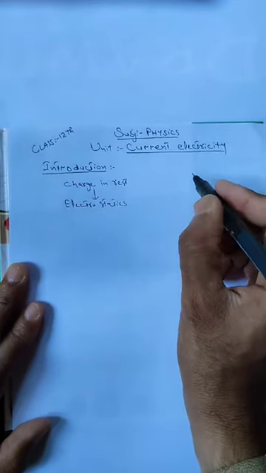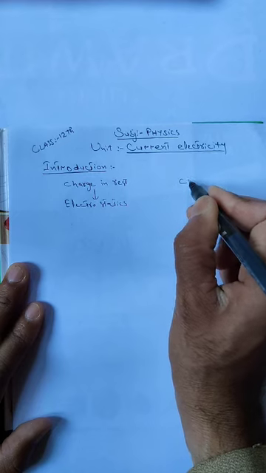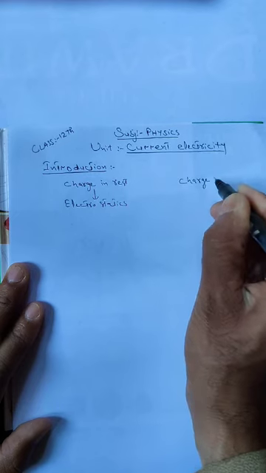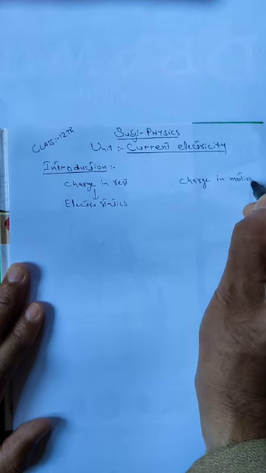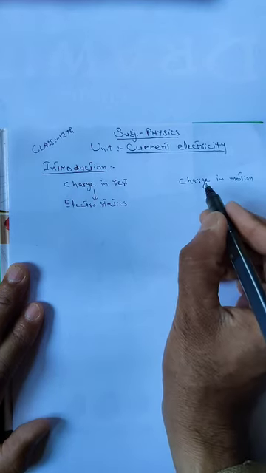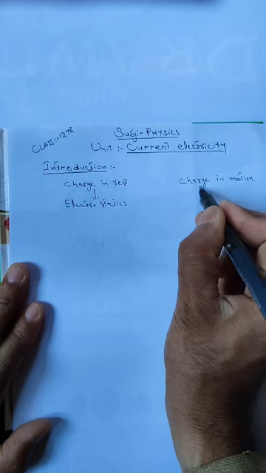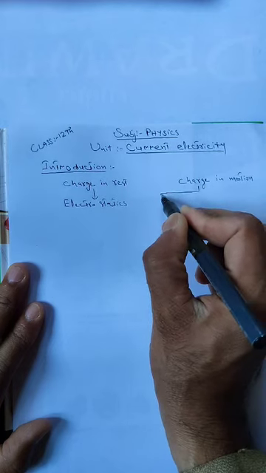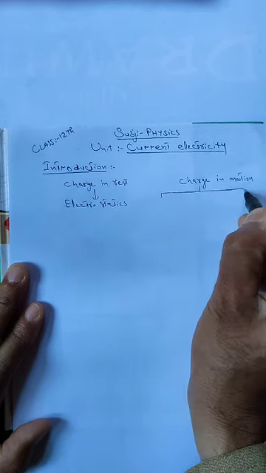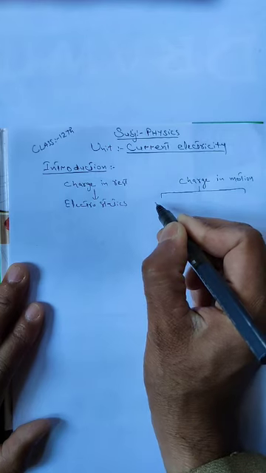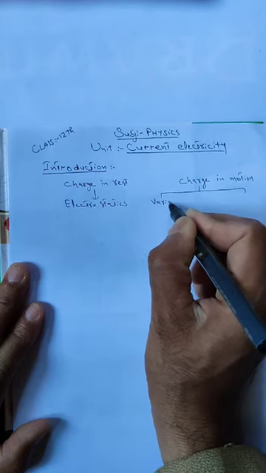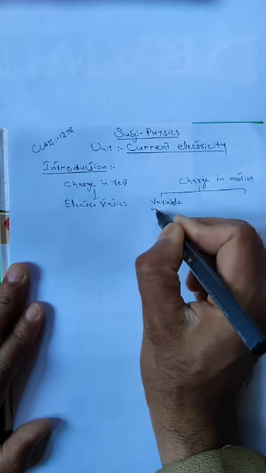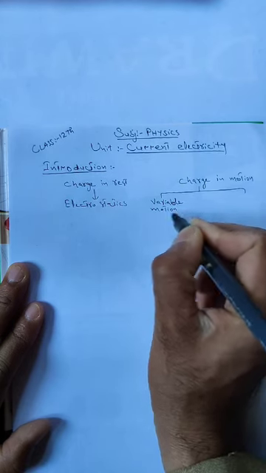But when charge is in motion, for it we have two aspects over here. First one is when charge is in accelerated motion, or we say variable motion of charge.